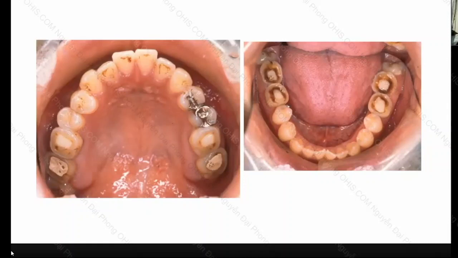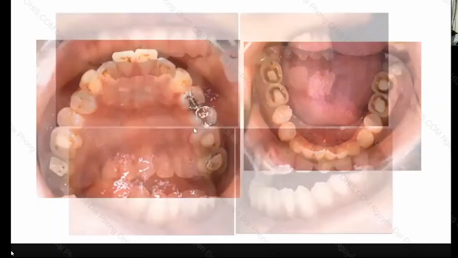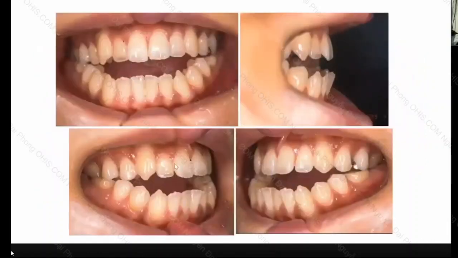This kind of crazy treatment she did. Finally, pulpectomy and all these were done, but still the anterior bite is opening like this. Maybe everybody thinks about this kind of crazy approach.